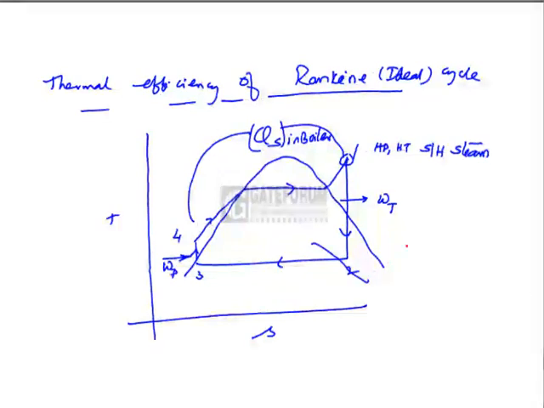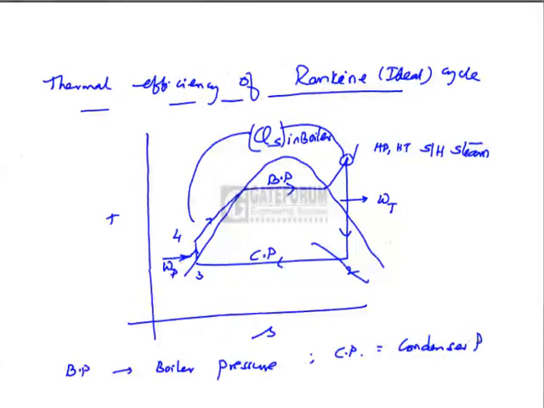The steam expands down to condenser pressure from boiler pressure. Here BP means boiler pressure, which is in the range of 100 bar or 150 bar or 200 bar. CP means condenser pressure, which is nearly 0.1 bar or 10 kilopascal. Great vacuums are maintained in the condenser.